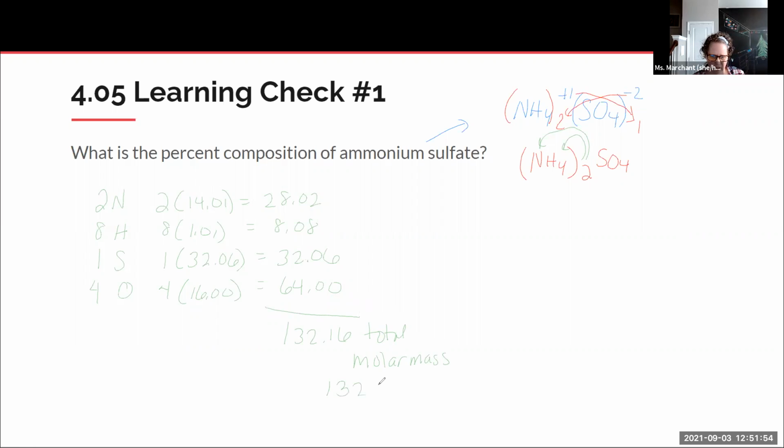There's 132.16 grams in 1 mole of (NH4)2SO4. Okay. So now we can use that to find our percent composition. Part over whole times 100% is our equation that you should have written down.